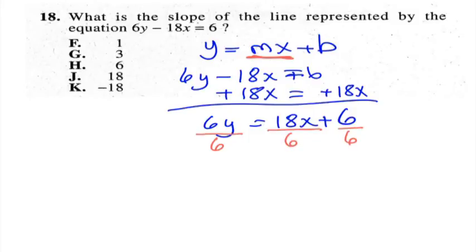If I draw one line all the way across, it tends to make me get a little confused because I'm trying to find the slope. So this is going to give me y = 3x + 1. So that tells me that the slope has to be 3 and gives me G as the answer.